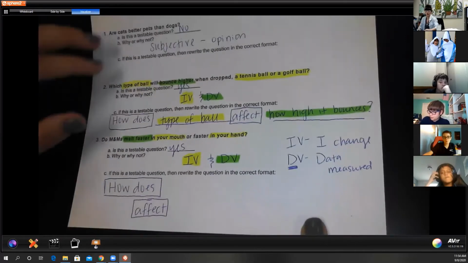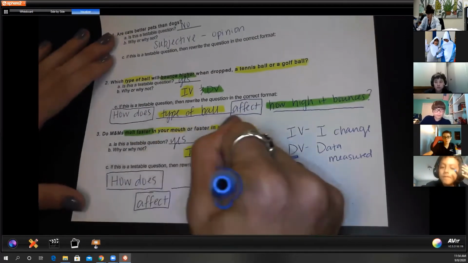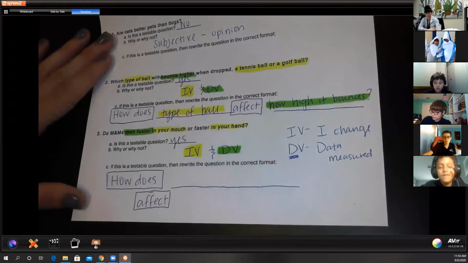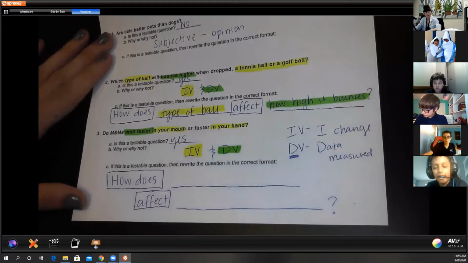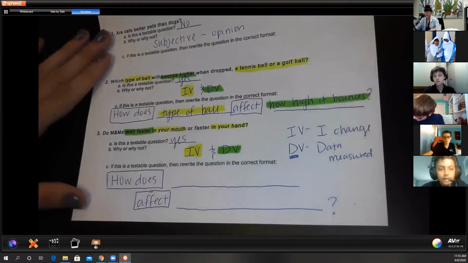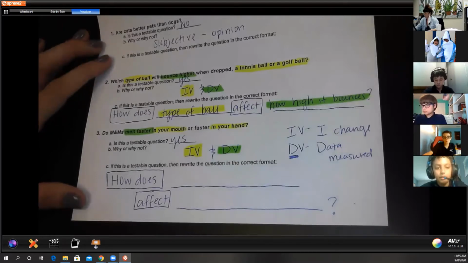Daniel, which one goes first? Which one goes in my first blank, my IV or my DV? How does the IV. Yep. So what would I say? How does the M&Ms melt faster?